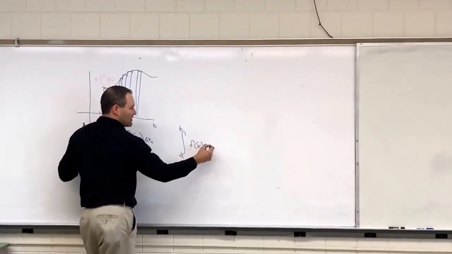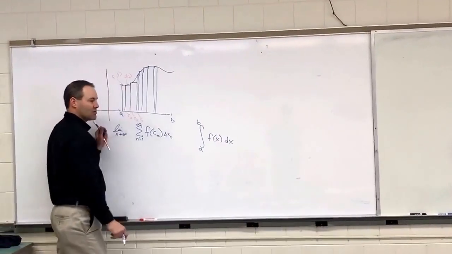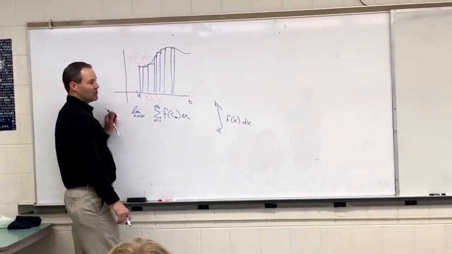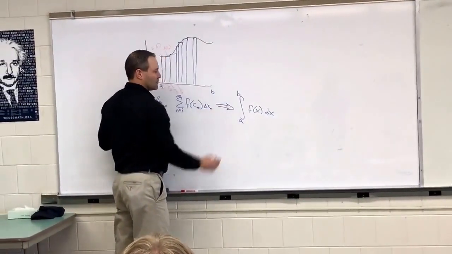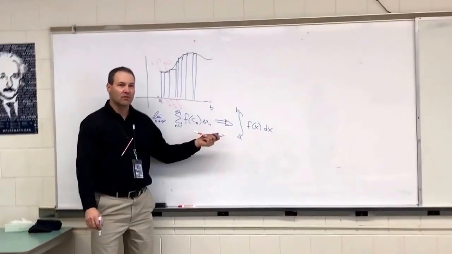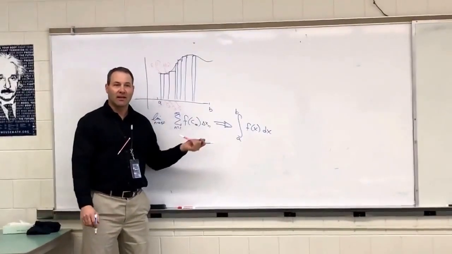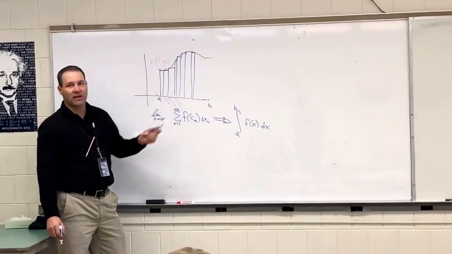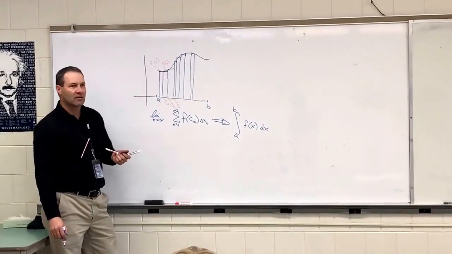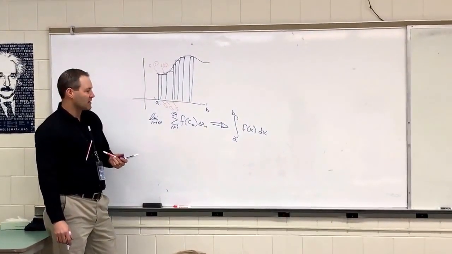The width will be dx, your change in x. A little bit different notation. Okay, so that's called an integral. And we are finding the area under the curve, just like we were before, but there are way better ways of doing it than RAM and LRAM, MRAM, stuff like that.